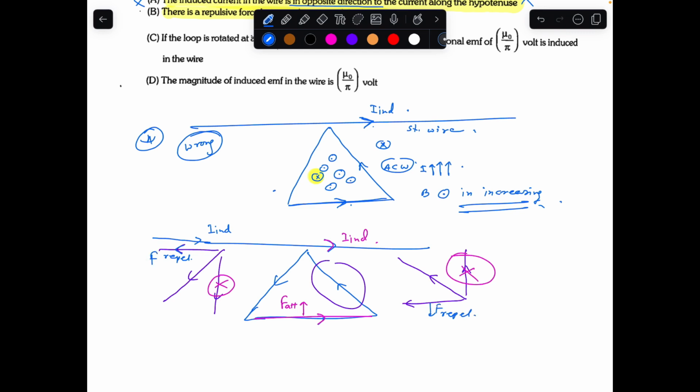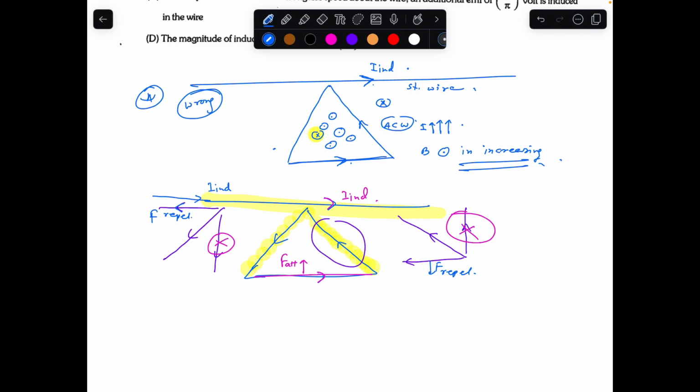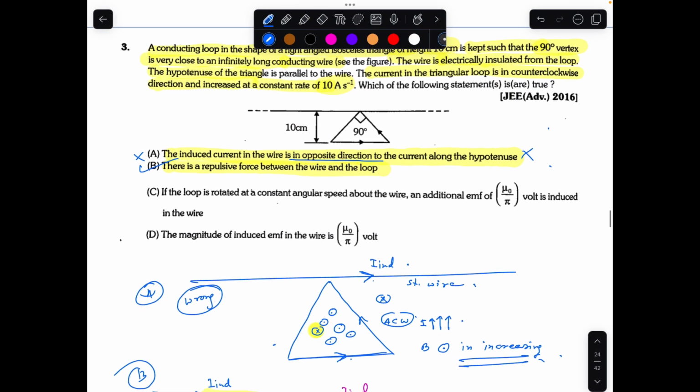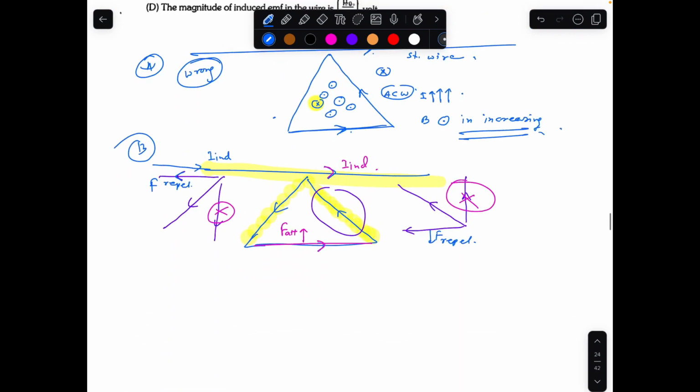But which will be dominating, attractive or repulsive? Repulsive, because you can see this wire is more closer. Can consider this a small part of wire. It is more closer to the straight wire. So repulsive will be dominating. So B is correct. There is repulsive force between the wire and loop.